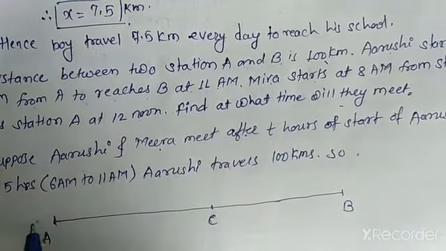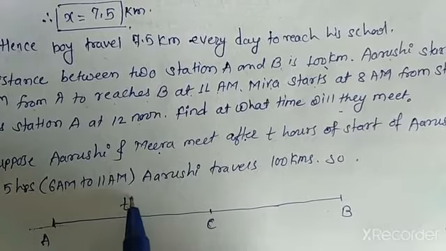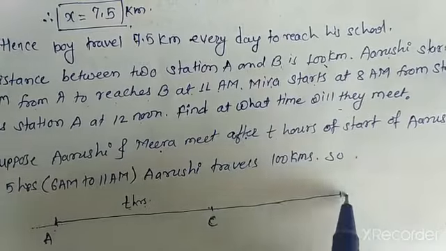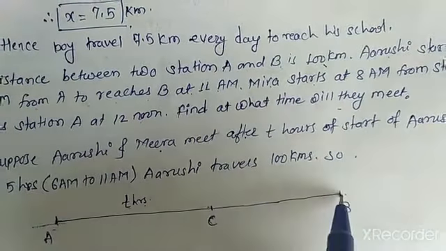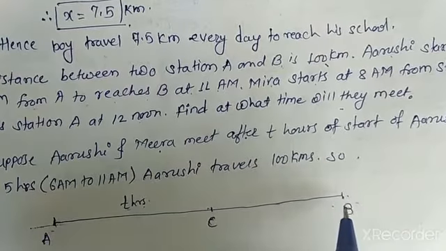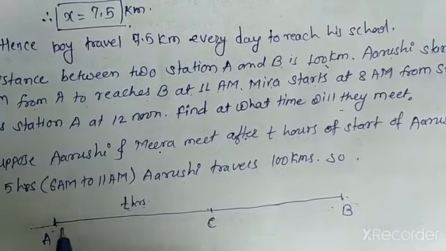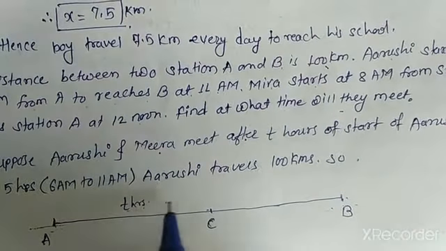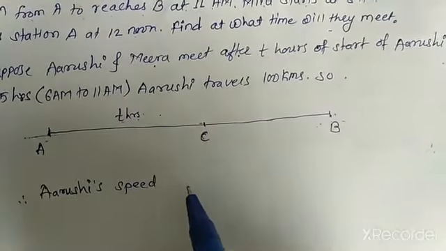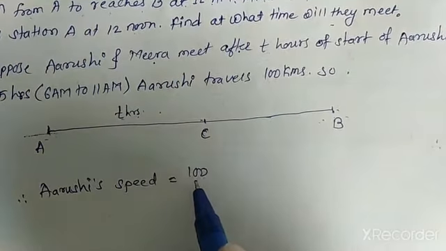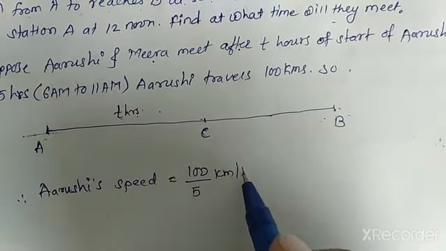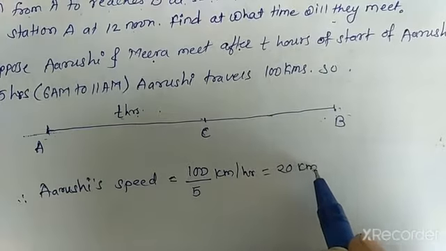So after T hours, Arushi goes from station A toward C and Mira goes from B toward C. Okay, so it will be T hours. And Arushi's speed is equal to, she is traveling 100 km in 5 hours, which is kilometers per hour, so which is 20 km per hour.